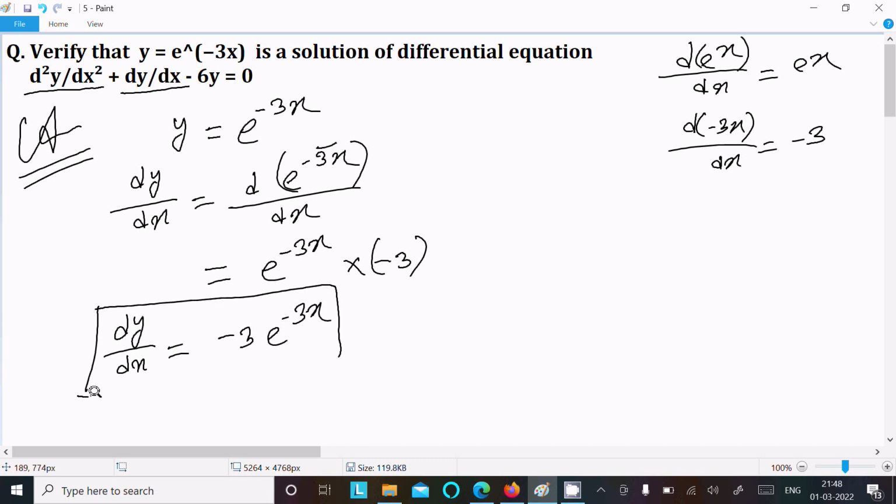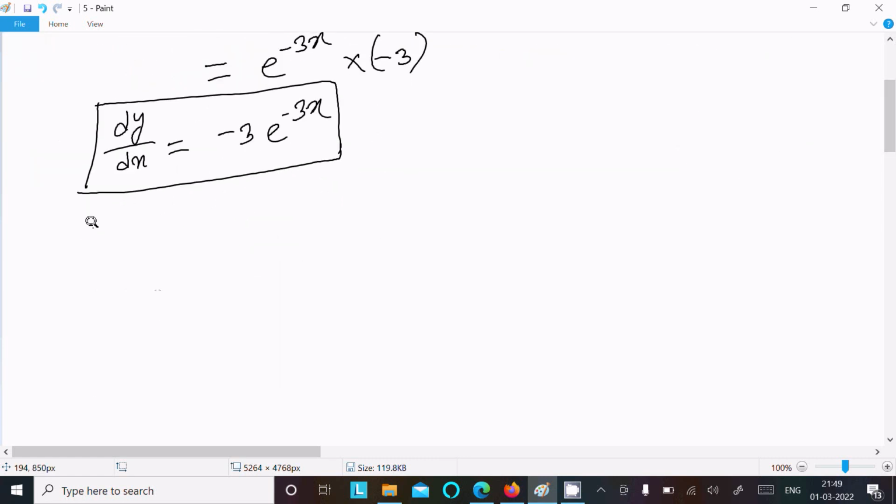Now after that we need to calculate the second derivative. So again we need to do the differentiation with respect to x. So d²y by dx². Now minus 3 is a constant. Then d of e power minus 3x divided by dx.